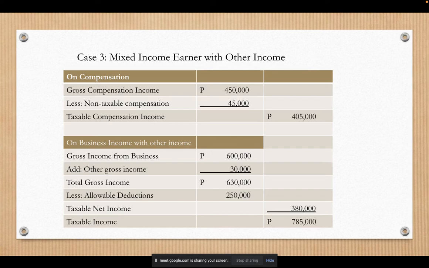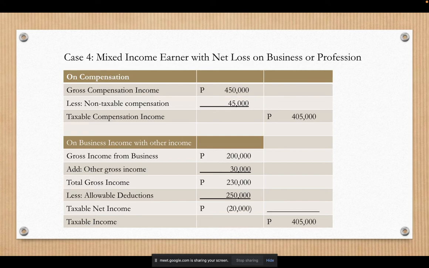Mixed income earner, meron siyang gross compensation income na 450 less non-taxable compensation income of 45,000. So your taxable income from compensation is 405,000. Then you add your business income, net taxable income of 380,000. Your total taxable income will be 785,000.